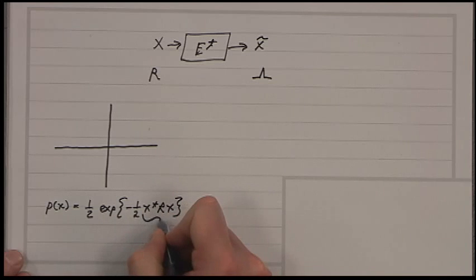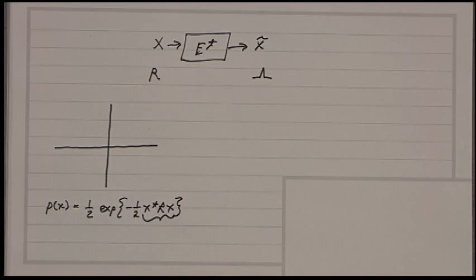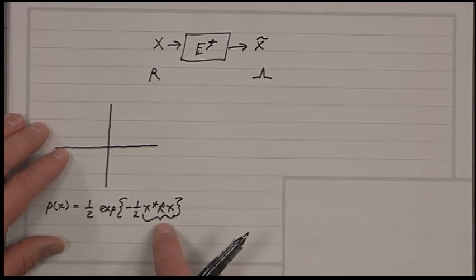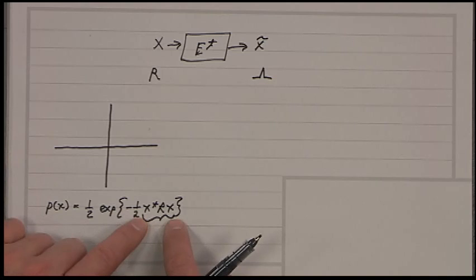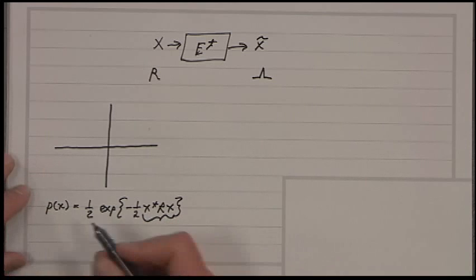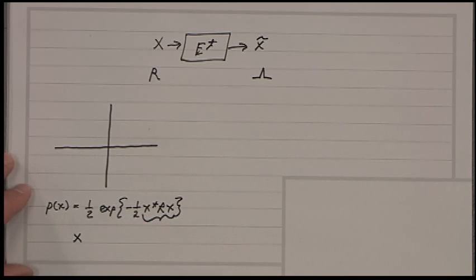So if you look at this thing, and you set a contour surface. As this quantity gets larger, the probability density gets smaller. So if you ask for all values of x such that this quantity is less than or equal to some value, let's just say 1, that's a nice round number.